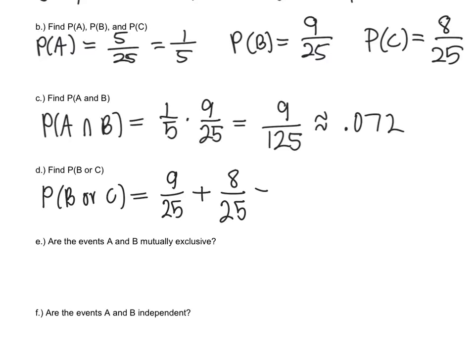And then we have to subtract the overlap, because there is the spin where you get at least one blue and exactly one yellow, which is 1 out of 25. So 9 plus 8 is 17, minus 1 is going to give us 16 out of 25, which is 0.64.